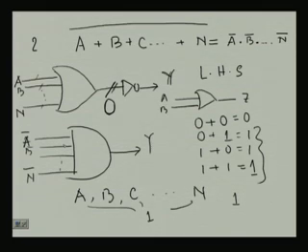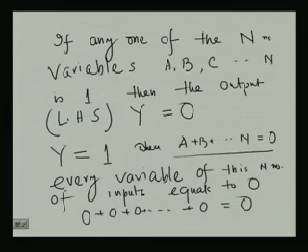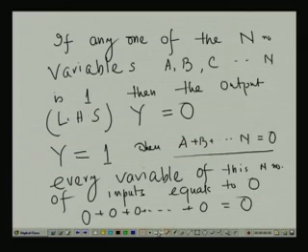So, if we take, just like the AND gate, a two input AND gate, what is the logic?